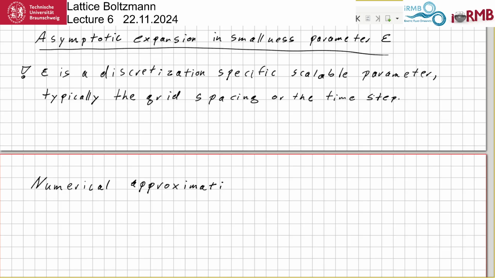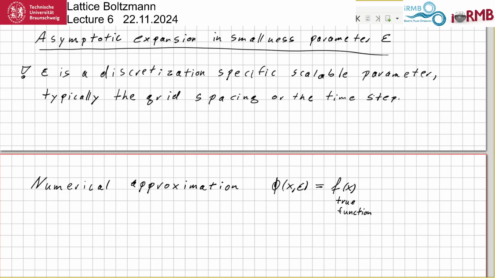Very, very basic: a numerical approximation is any function phi of x and epsilon which gives you f of x, and this is the true function that you are looking for. The idea is you cannot evaluate the true function, otherwise you wouldn't do any numerics.